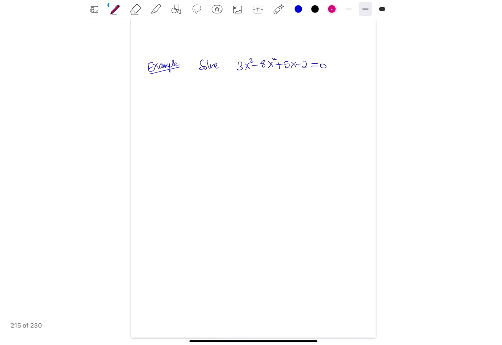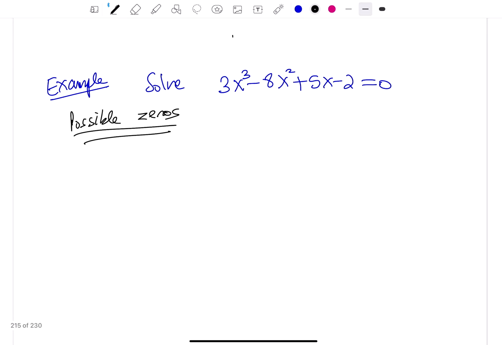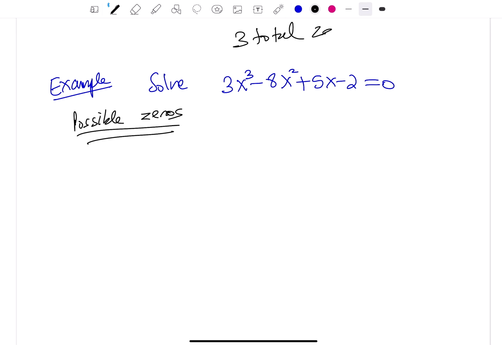Let's see some examples. Solve 3x to the third minus 8x squared plus 5x minus 2. So here, let's come up with the list of possible rational zeros. One thing I can see is that there's 3 total zeros because my polynomial is of degree 3. Some zeros can be repeating.